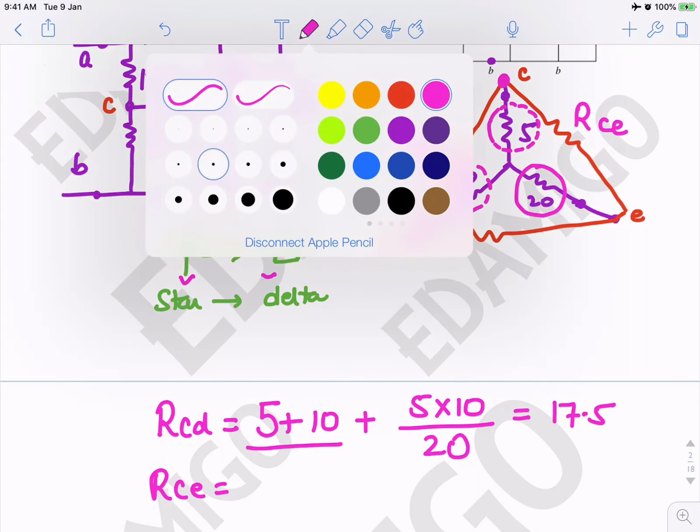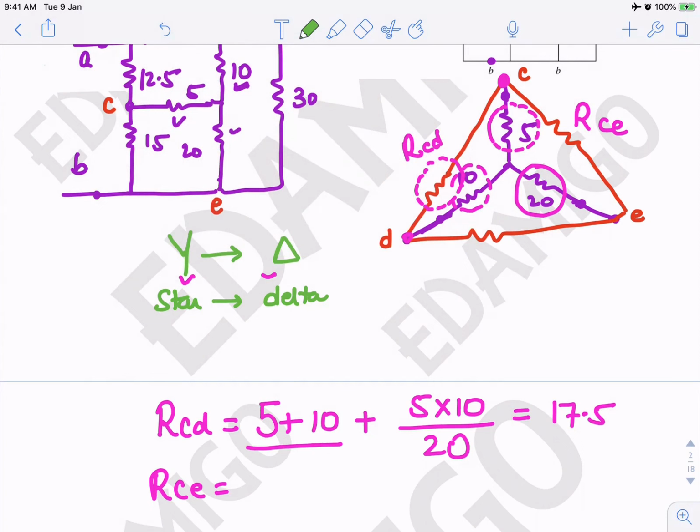Now RCE will be equal to the sum of the resistances to which it is connected, that is 5 plus 20, plus the product 5 into 20, divided by the resistance which is opposite, that is 10. The value here is 35.